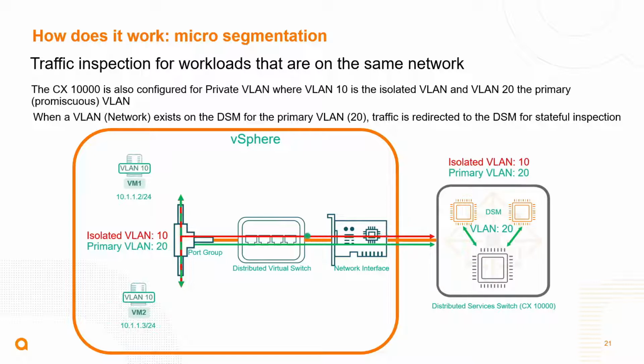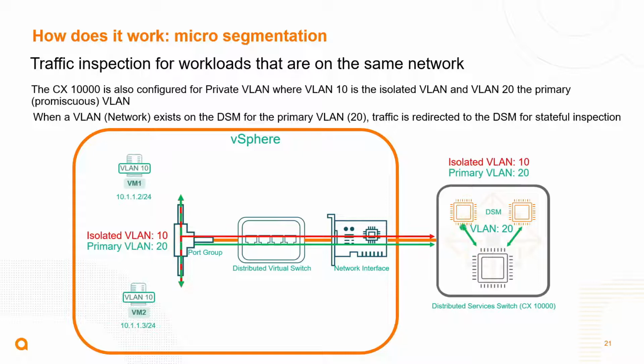So that's the vSphere side. On the switch side, you have to configure the VLANs and the private VLAN functionality. Maybe you want to do some routing, so that means you need to configure some IP addresses on the VLANs, so you need to create SVIs. And obviously, if you want to protect the traffic, you also have to create a policy.